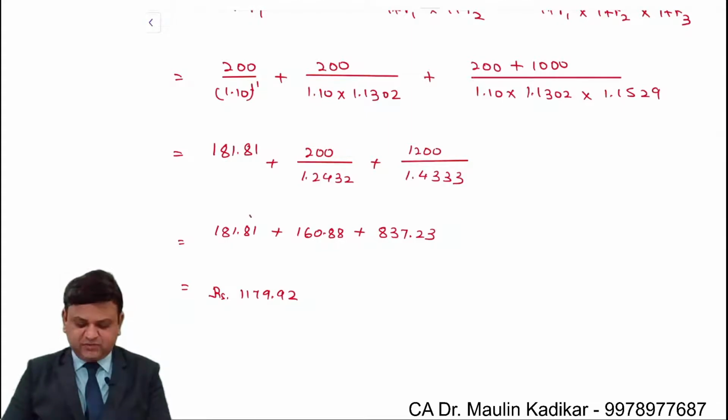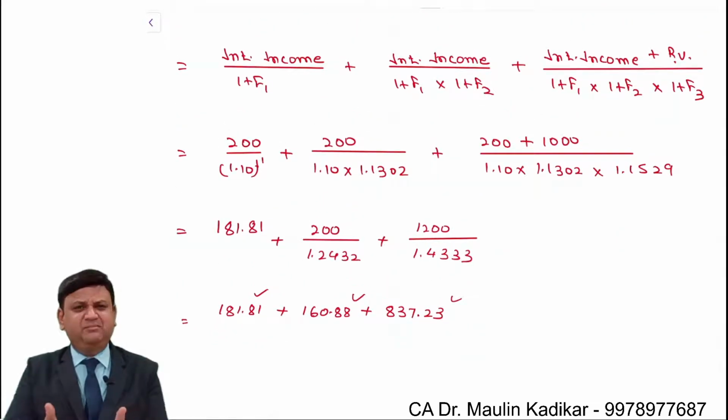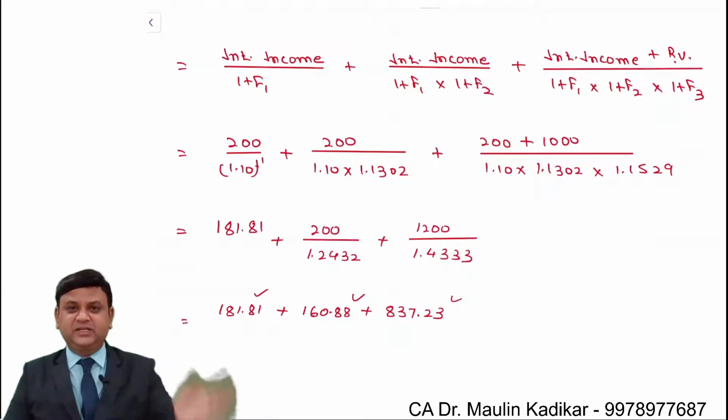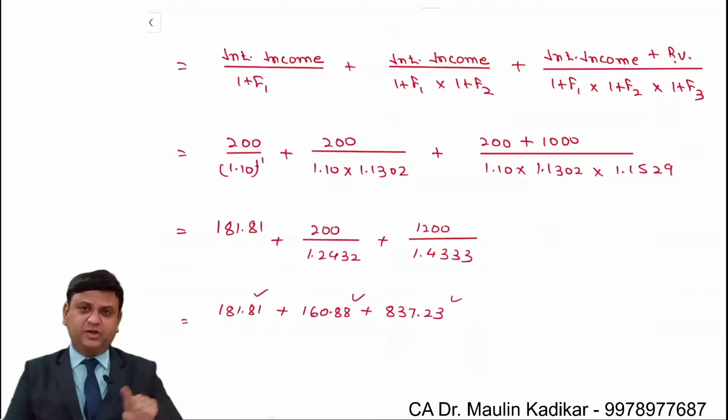Over here also it is 181, 160 and 837. So the answer is bound to be the same. There is no doubt about it. The only thing is that the presentation of the answer would change. Why? Because instead of the spot rates, now we have used the forward rates for the purpose of doing the answer.